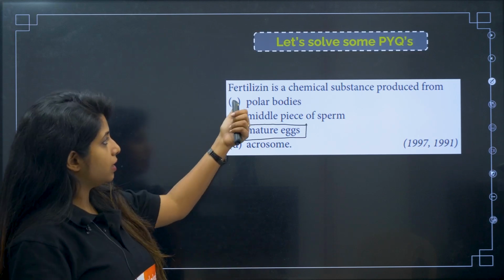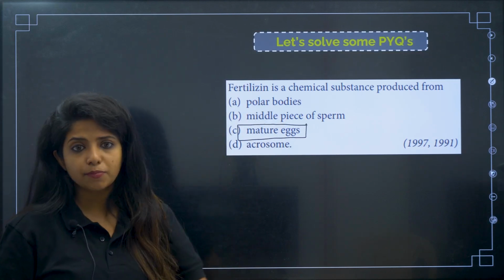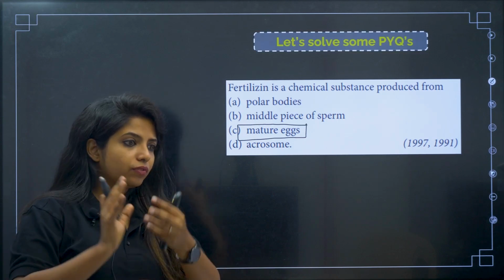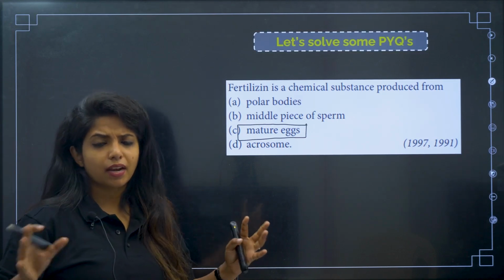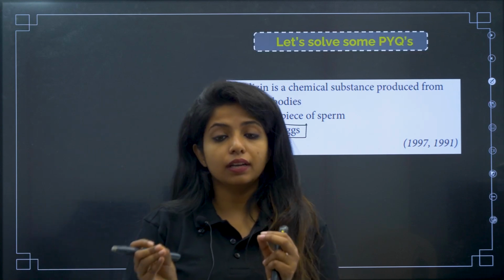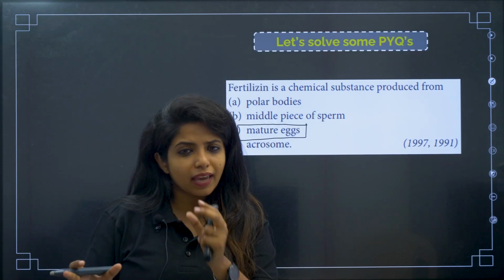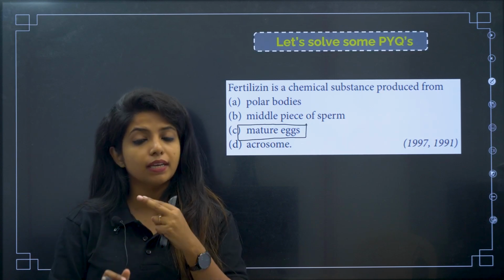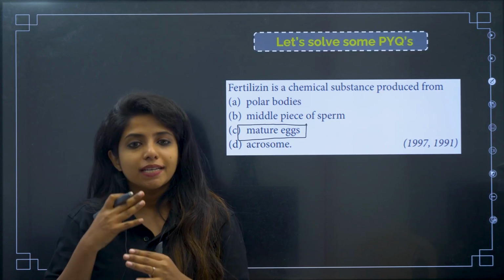One such protein is fertilizin. It's a chemical substance that is released, and the sperm will also have anti-fertilizin. Both of them obviously will bind and fuse. So basically it helps in the recognition of whether the egg and the sperm are of the same species. If they are not of the same species, obviously this fusion would not take place.